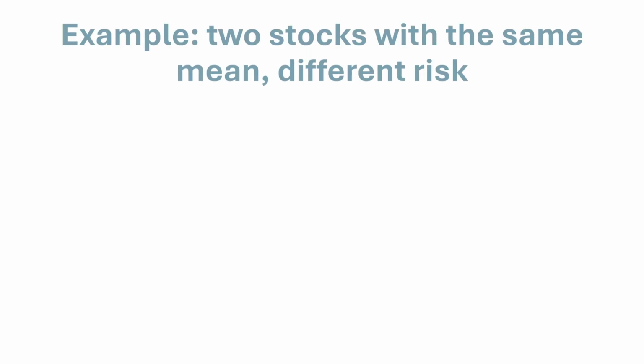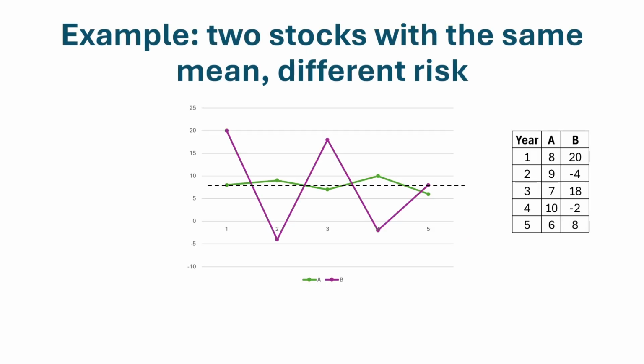So far, we have learned the idea of variance and standard deviation. Now let's see how they work in a real investment example. Compare these two stocks. Stock A had returns between 6% and 10% over 5 years. Its average return is 8% and its standard deviation is only about 1.4%. That means its returns are relatively stable and predictable. Stock B is different. In some years, it returned 20%, in another year, it returned minus 4%.